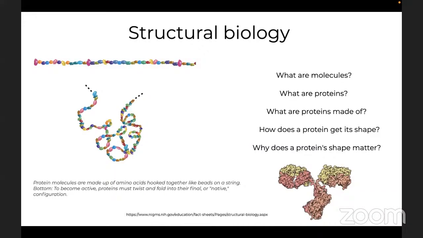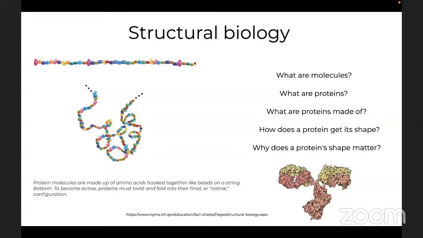So the first question that you can see on the screen is, what are molecules? Molecules are a group of two or more atoms held together by a chemical bond. Molecules include DNA, RNA, proteins, carbohydrates, sugars, and lipids, which are fats.